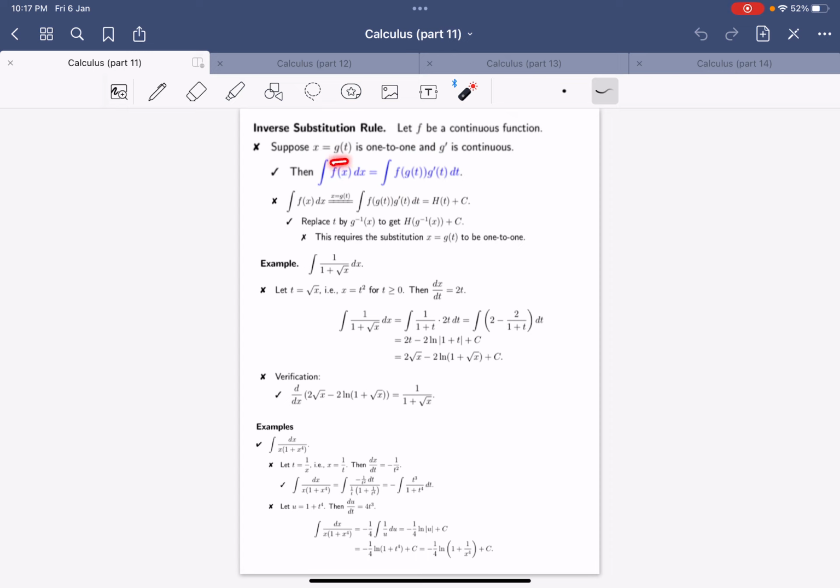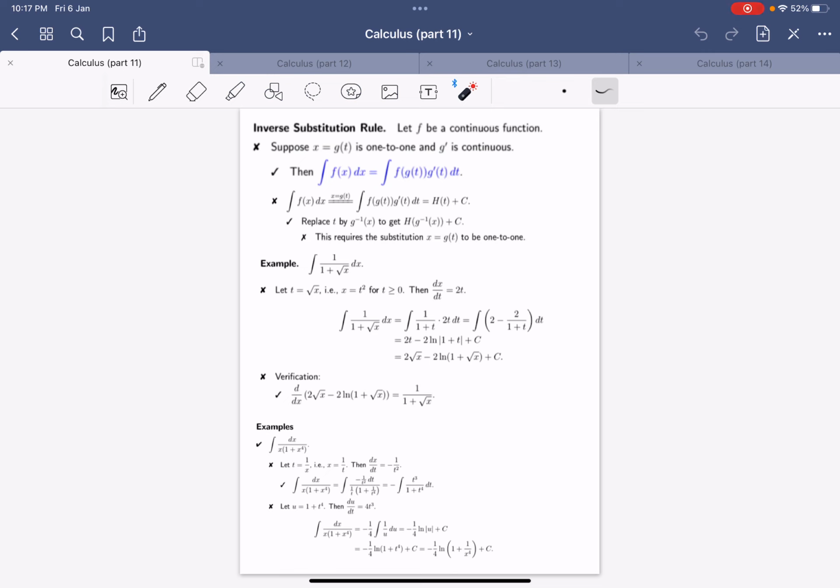What we need to note is that we need this x in terms of t to be an invertible function, meaning it's 1-to-1, and we need its derivative to be continuous. The reason for that is so that when this continuous function is multiplied by this, it's still continuous. And when we sub back to get the final result in terms of x, we need to take the inverse, so we need it to be invertible.